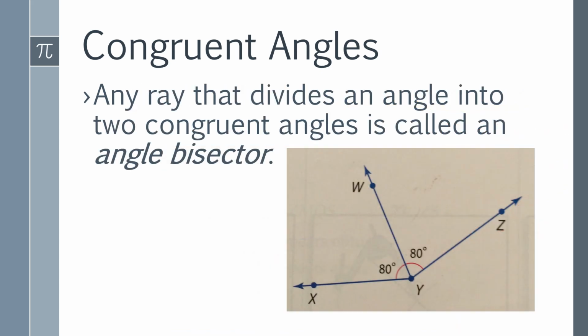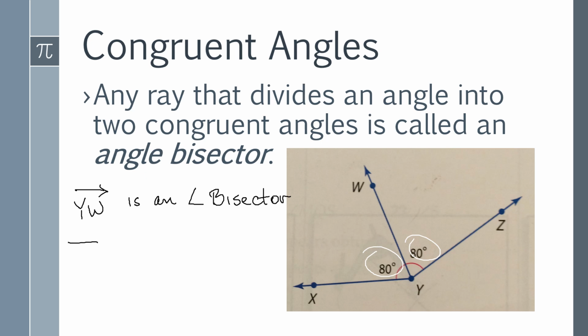Okay. If a ray divides an angle into two congruent angles, we can look on this diagram, we can see that this angle is 80, this one's angle 80, they're right next to each other there. That is called an angle bisector. So we would say that ray YW is an angle bisector.